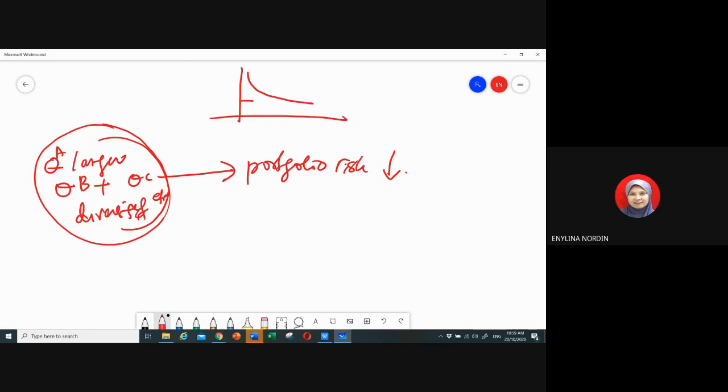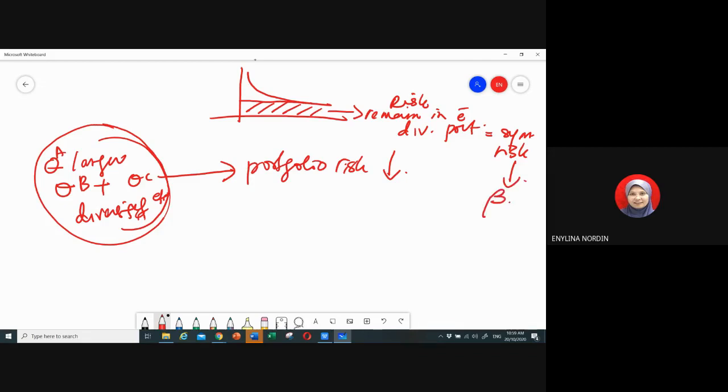Kalau kita tunjuk dalam diagram tu tadi, portfolio risk dah jadi begini. Tapi masih lagi ada risk yang tinggal, iaitu bahagian yang ini. Yang ini portfolio risk yang remain in the diversified portfolio, yang kita panggil adalah systematic risk, and this risk will be measured by beta.